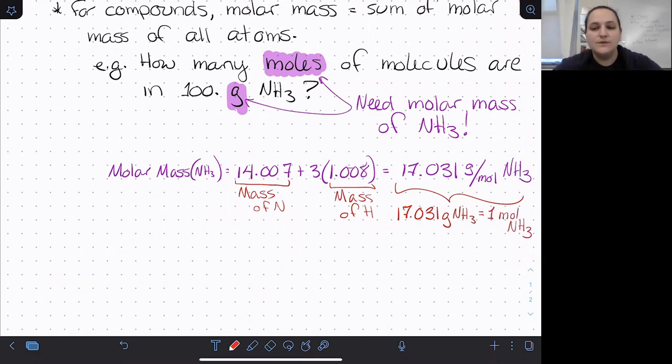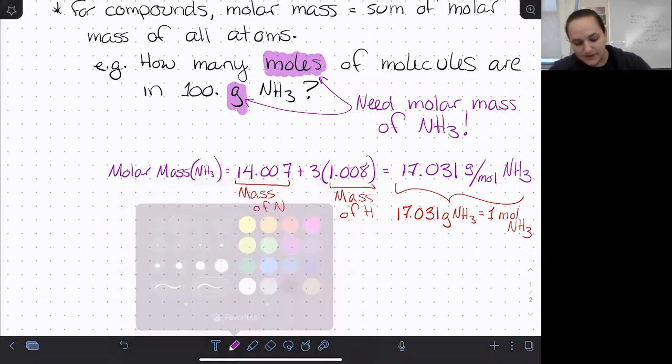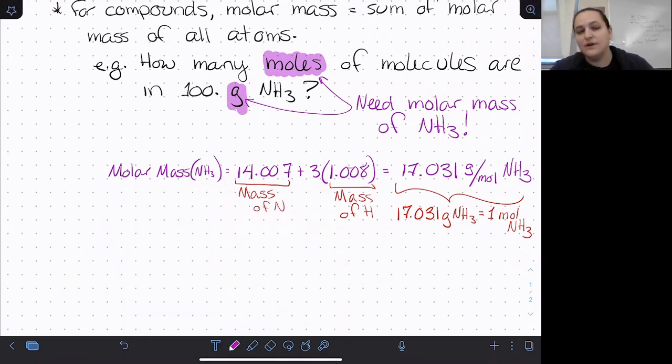So we can now use this to convert between moles of ammonia and mass of ammonia however we want. In this case, we are specifically asked how many moles are in 100 grams. So if we're starting out with 100 grams of NH3, again, we need to think about making our units cancel.